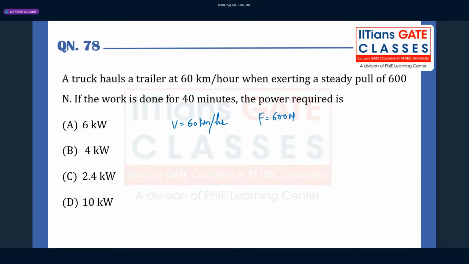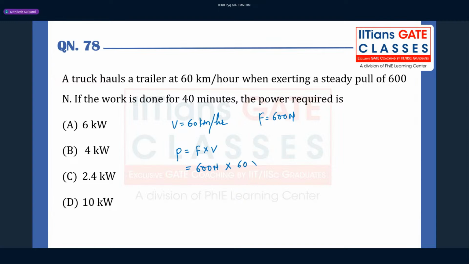then power required is. We know power can be calculated as force into velocity. Force is 600 Newton into velocity is given by 60 kilometer per hour. So we have to convert it into meters per second.